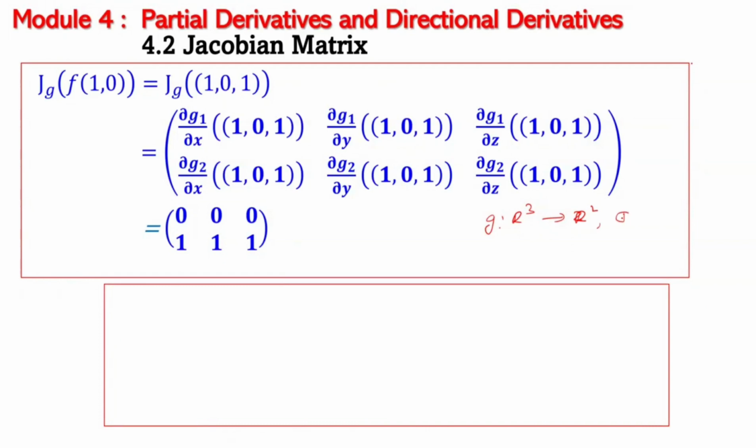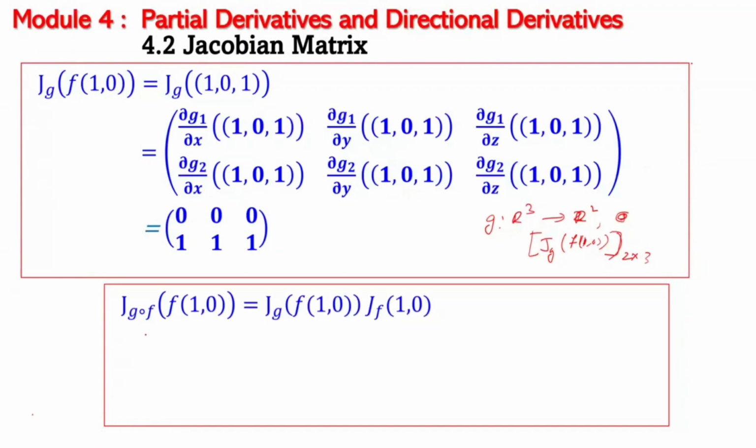So the Jacobian matrix of G, whatever the point it is, in this case f(1,0), will be 2 by 3.